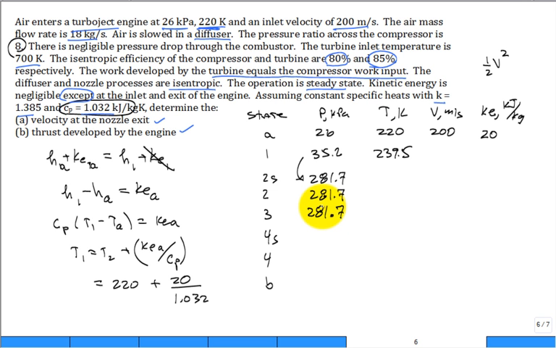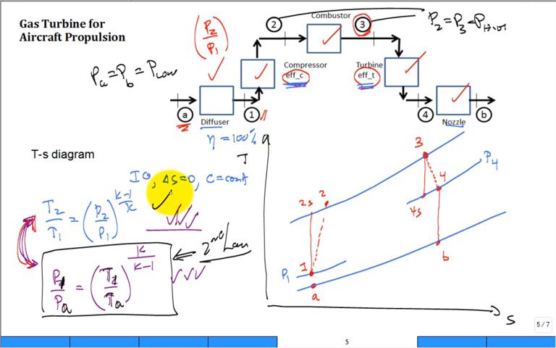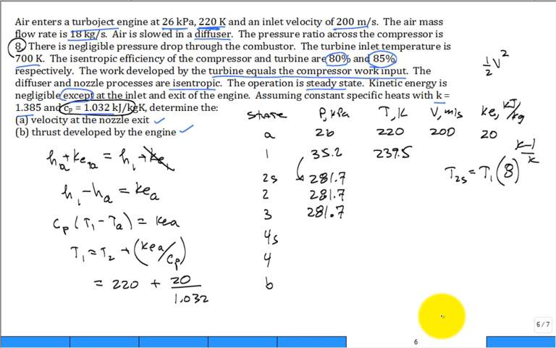Okay. What about the temperature if I have isentropic compression? Is temperature 2S equal to temperature 1 times the pressure ratio 8 to the (k minus 1) over k? So if you go back, we use this equation now, right? All right. And then this temperature comes in at 428.8 Kelvin.